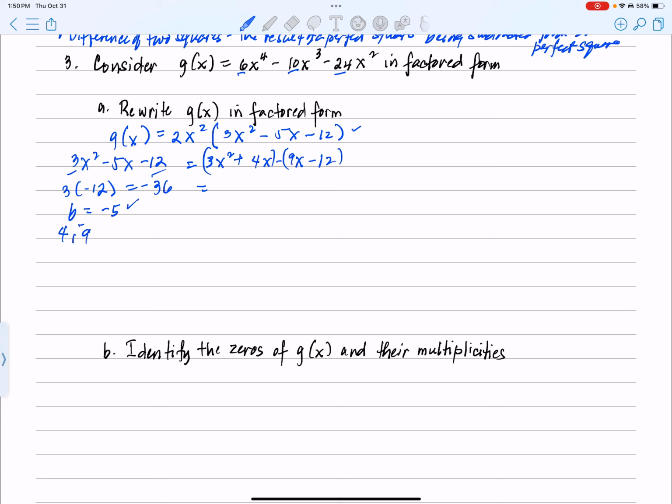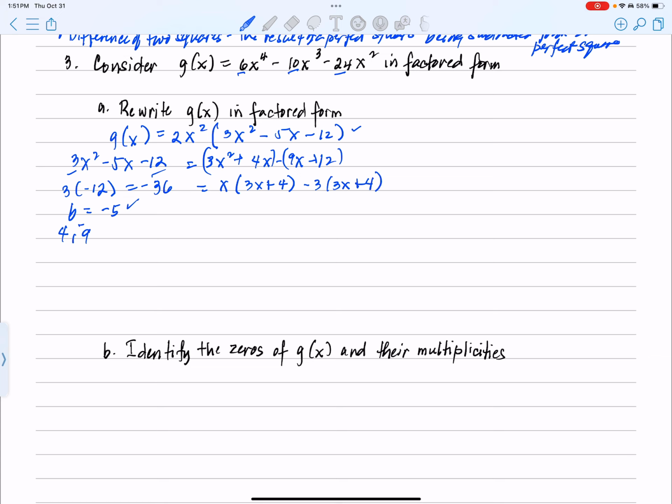So in 3x squared plus 4x, the common is x. So we have x times 3x plus 4, right? And here, the common is negative 3. We have 3x, change the sign. This would be 12 divided by 3, that's 4.